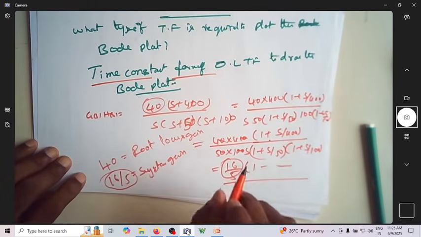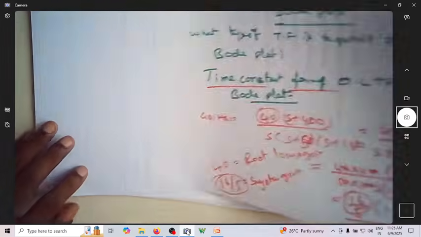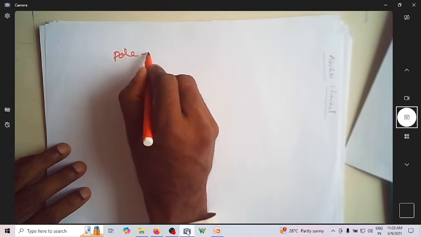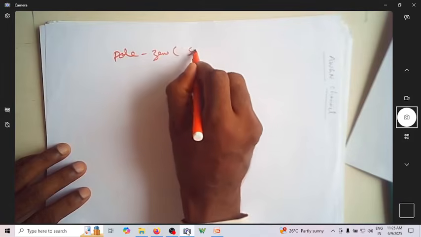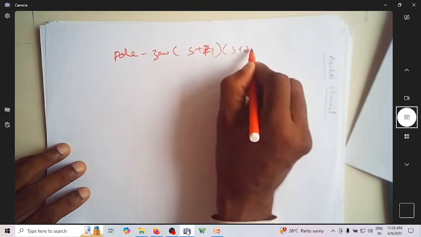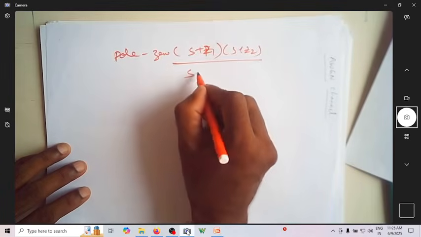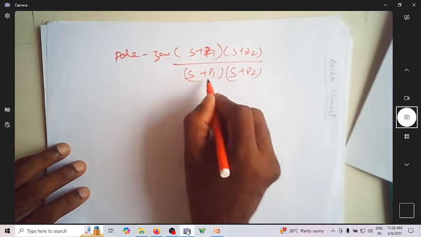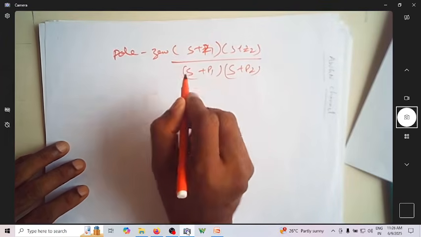So what is the difference between time constant and pole zero form? A pole zero form will have s plus z1, s plus z2, s plus p1 and s plus p2. The coefficient of s is always 1.